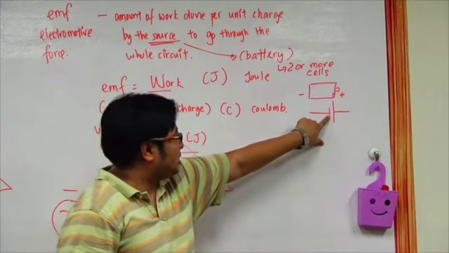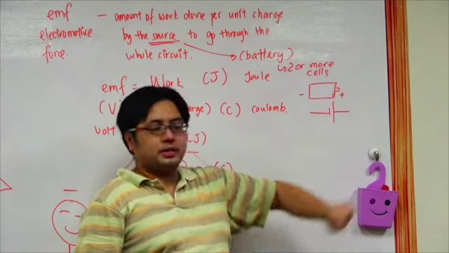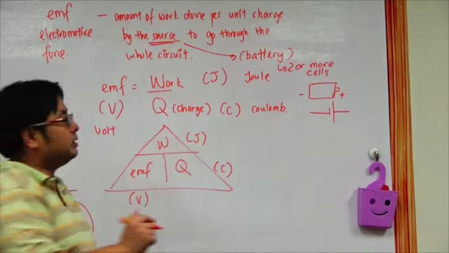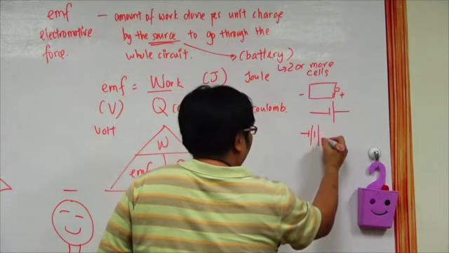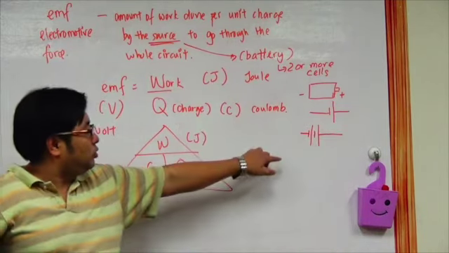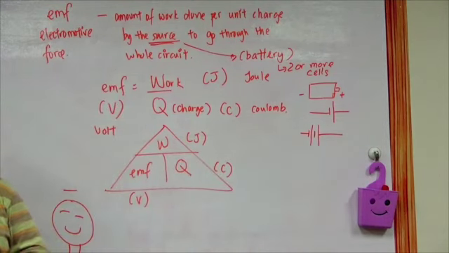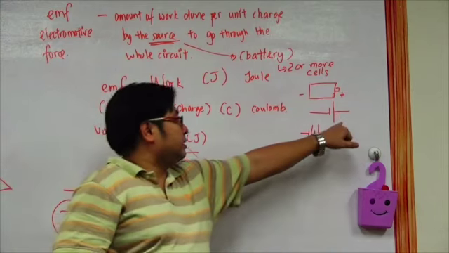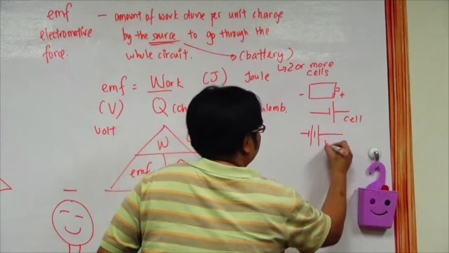The short one represents the negative, the long one represents the positive. If I ask you to draw a battery, don't draw just one for me. You have to draw at least 2 long lines and 2 short lines. The battery is 2 or more cells. And if it's just a cell, then it will be this. So this is a cell. This is a battery.